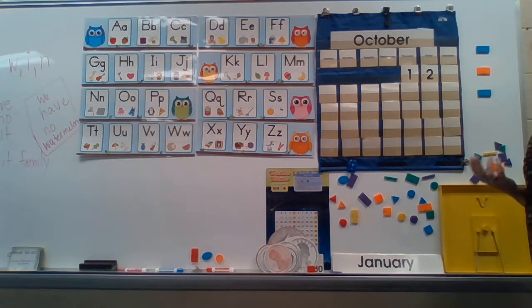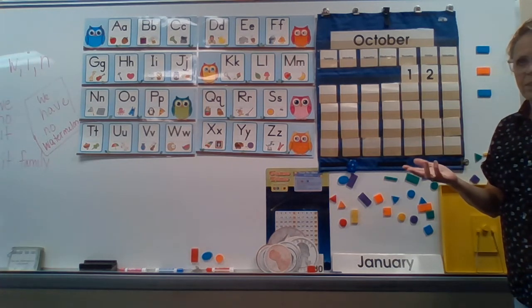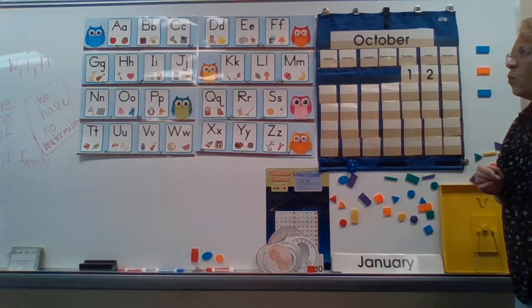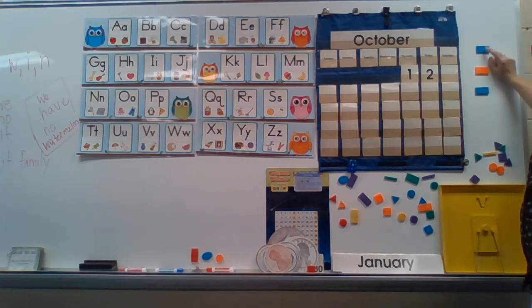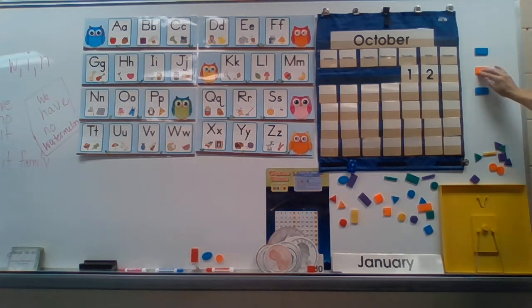Now, if these were like shelves on a bookshelf, then we might say this is the bottom shelf, this is the middle shelf, and this is the top shelf. All right? Or we might say the orange rectangle is in between the blue rectangles.